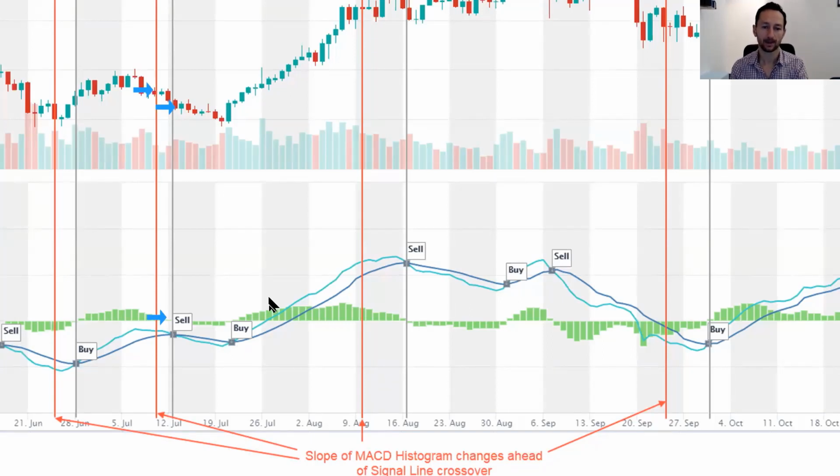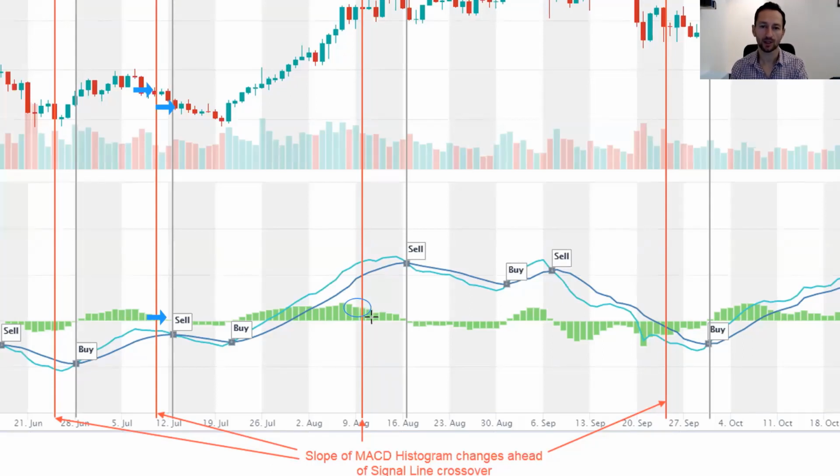Now let's continue with buy it here again. Your exit here with the sell. Well, we could just wait for the sell signal, that's fine. Or we could look at the histogram bars and say, hey, wait a minute. The histogram bars have declined now for a couple of days.